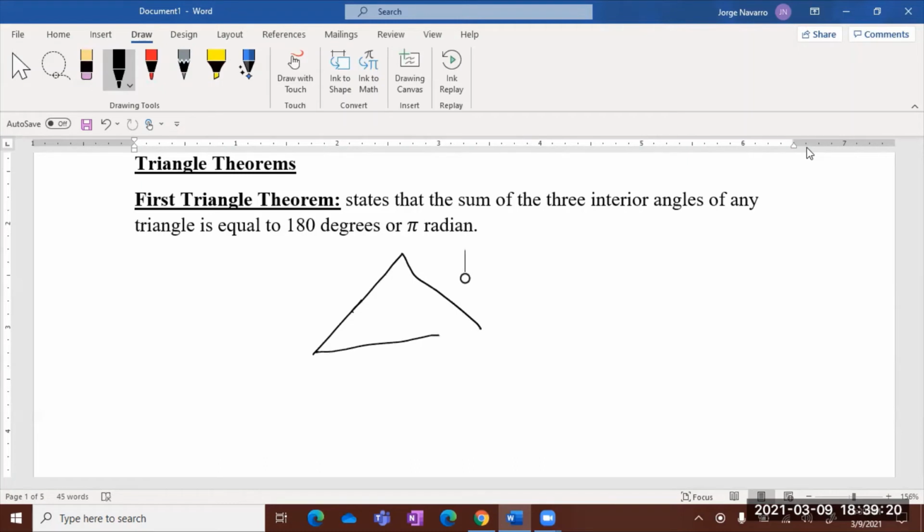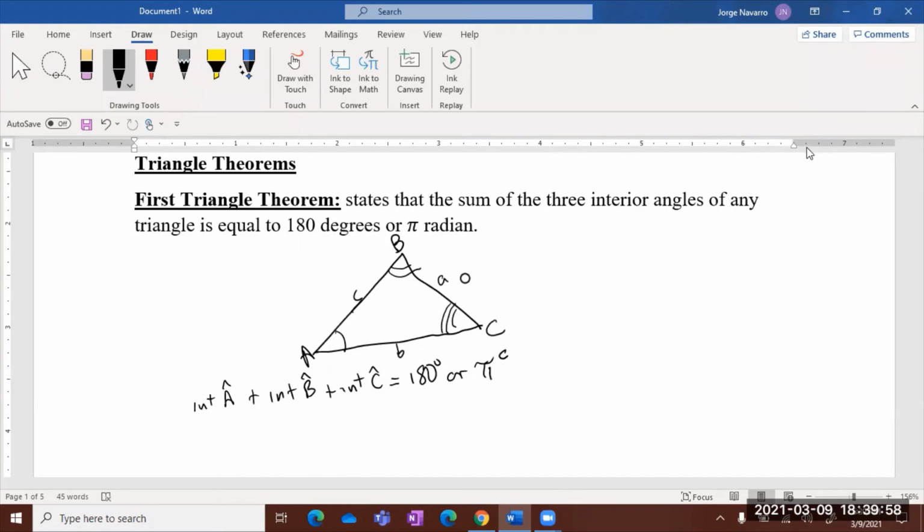A triangle we know has 3 angles, so A, B, C. It has 3 sides, side A, side B, side C, and it has 3 angles, angle A, angle B, and angle C. So according to this theorem, the interior angle A plus interior angle B plus interior angle C is equal to 180 degrees or pi radians.